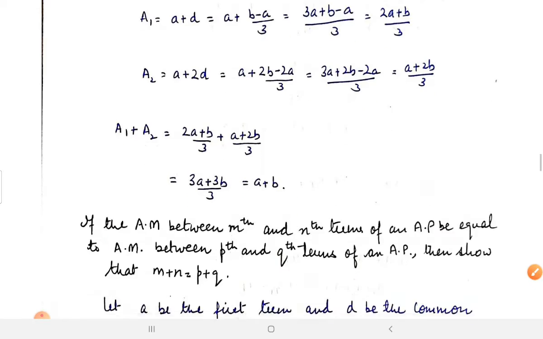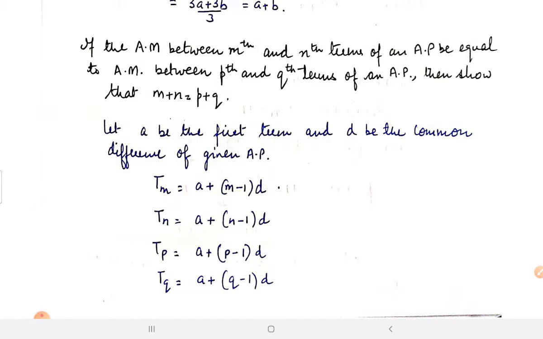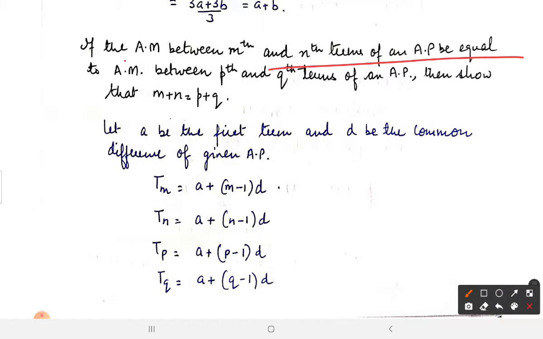Next question. If the arithmetic mean between the mth and nth terms of an AP is equal to the arithmetic mean between the pth and qth terms of an AP, then show that m plus n is equal to p plus q. So what is given is that the arithmetic mean between the mth and nth term of the AP are equal.